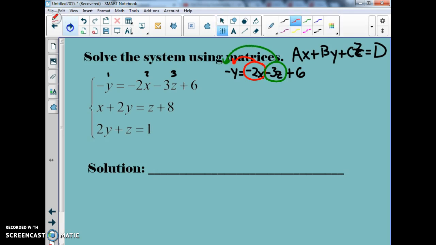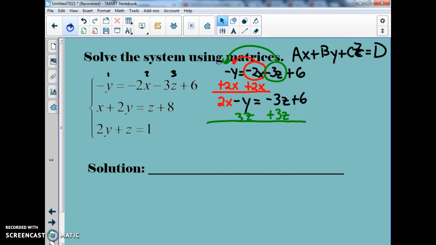In order to do that, I'm going to add 2x to both sides. When I do that, I get 2x minus y is equal to minus 3z plus 6. I still need to move my z over. To do that, I'm going to add 3z to both sides.